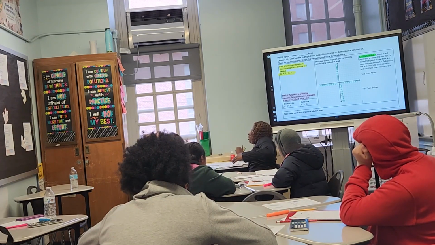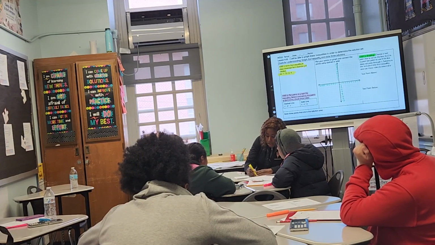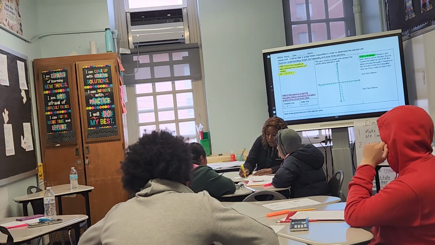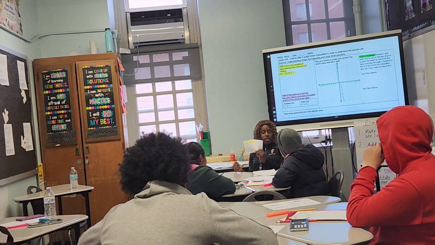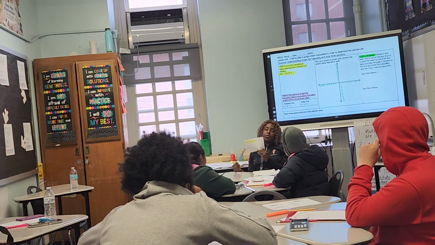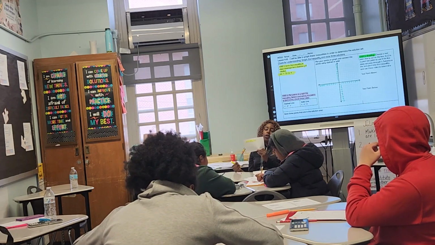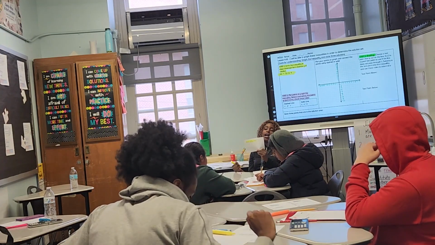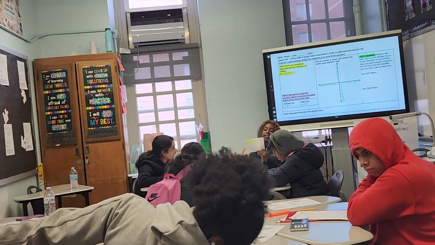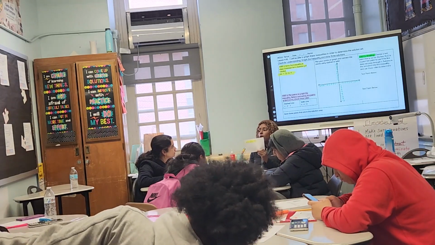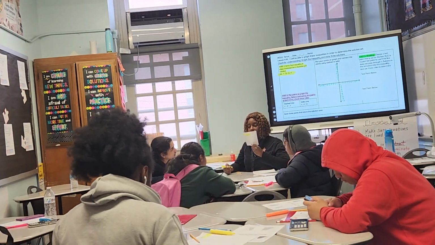So this is my inequality, right? My goal is to get it in y equals mx plus b form. So what do I have to do? How do I get y by itself on one side of the inequality?